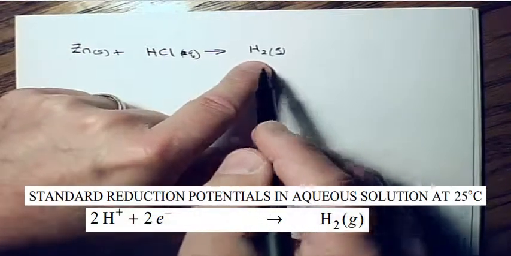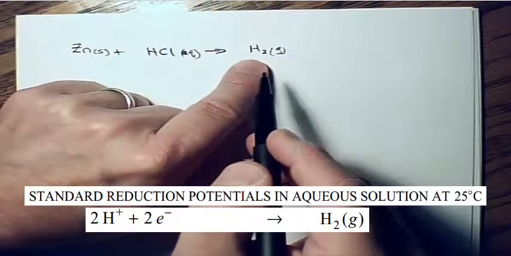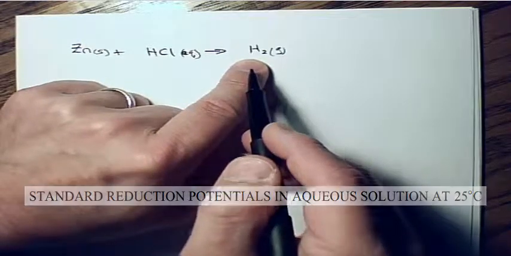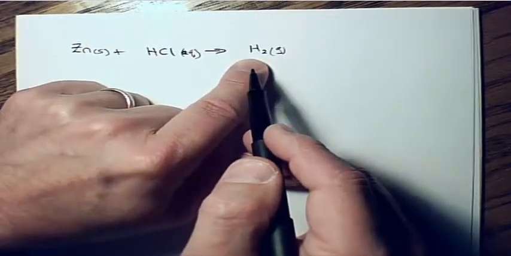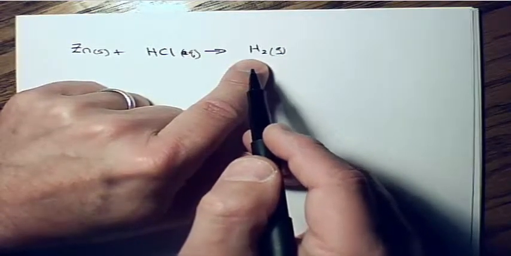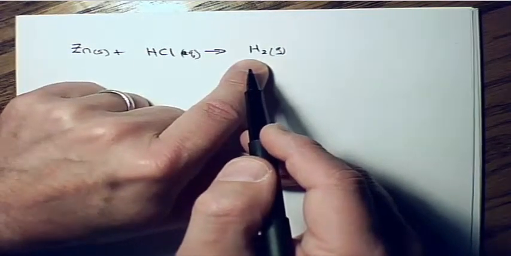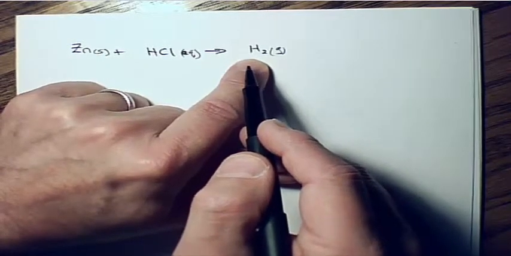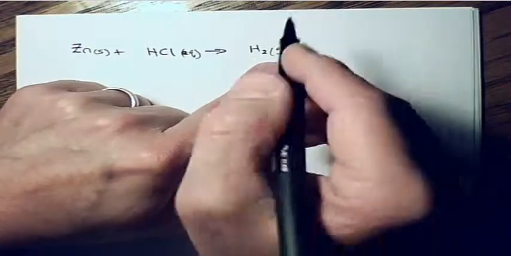This is a molecule of hydrogen gas. Hydrogen gas is in the form of H2, as are oxygen, nitrogen, chlorine, fluorine. All of those are diatomic gases. So in their natural state, when they're by themselves, they're going to be in those gaseous diatomic forms.